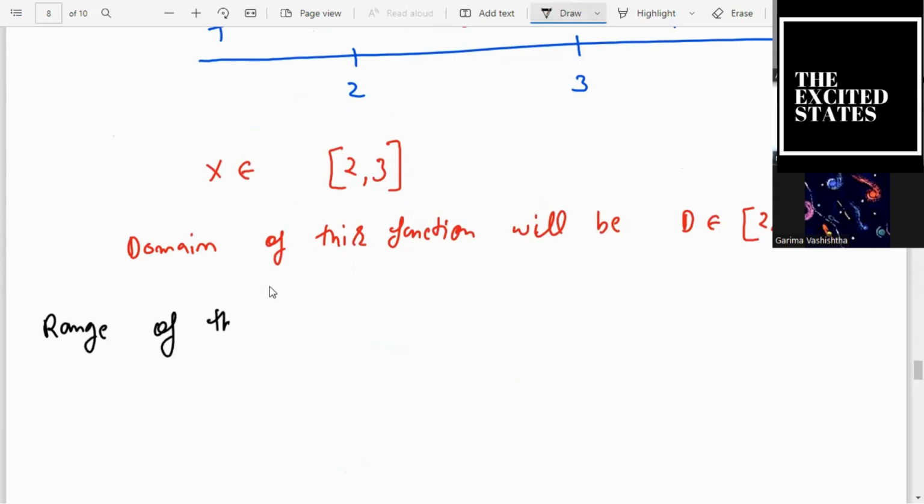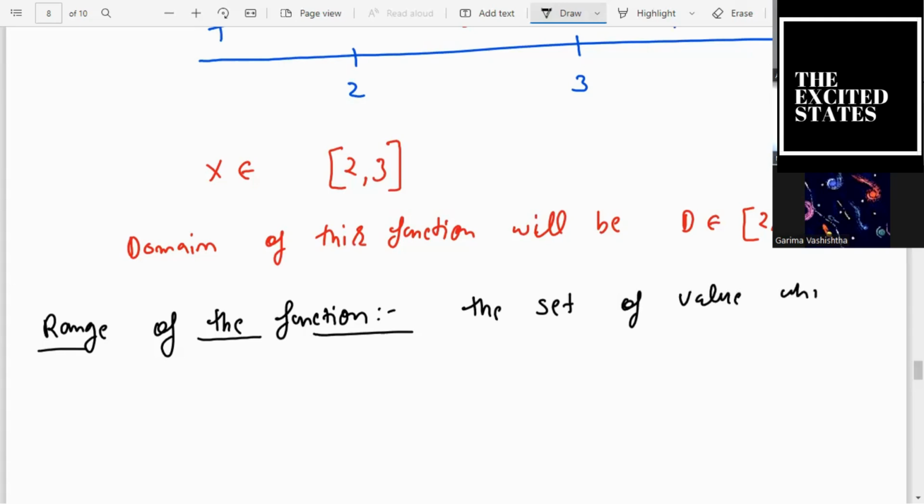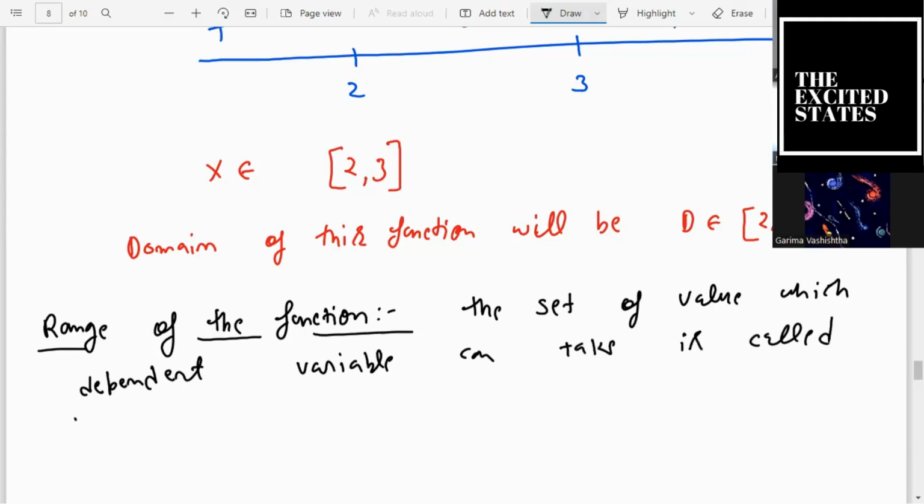The set of values which the dependent variable can take is called the range of the function.